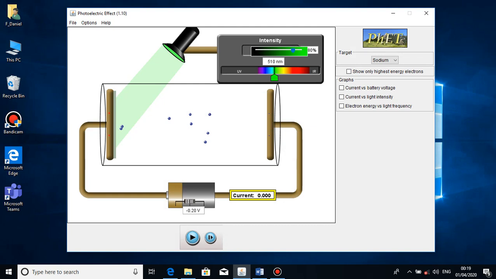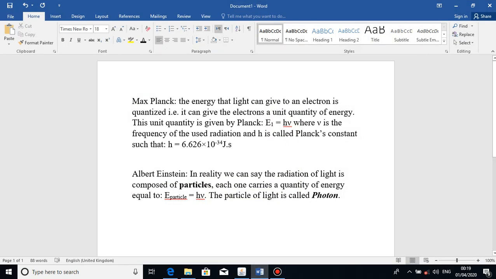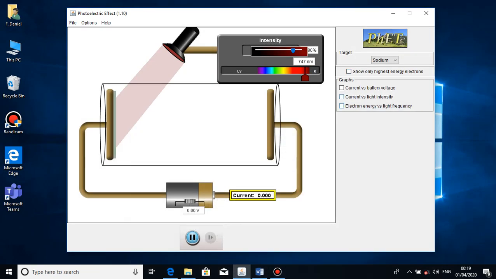So, what Einstein and Planck meant is that when the radiation of light comes with small frequency, each particle of light, which is a photon, reaching the plate has an energy equal to h nu. But nu is small for red, and you must know that red has the least frequency among the visible radiations.